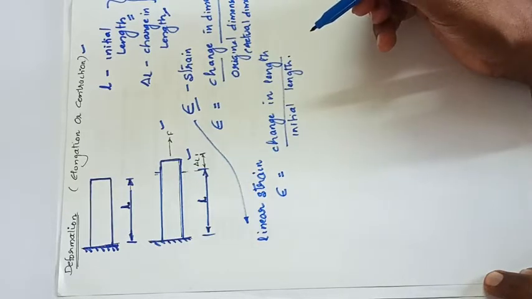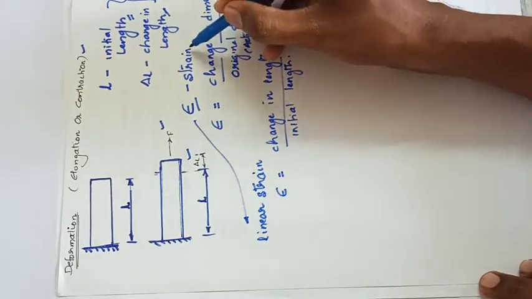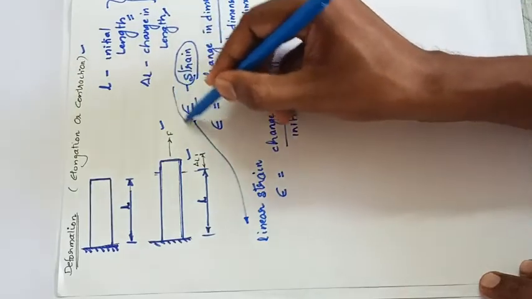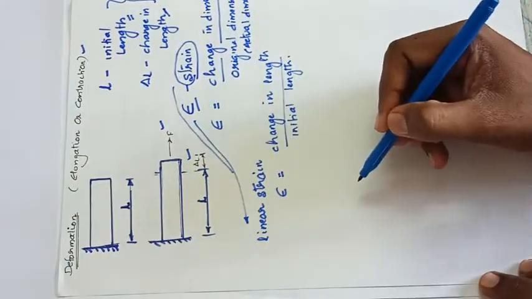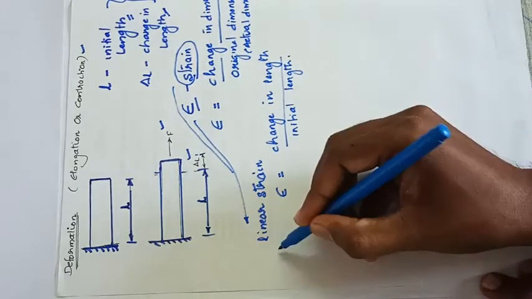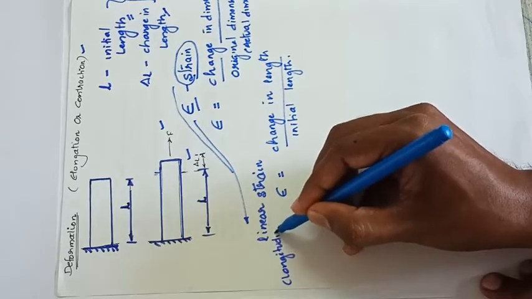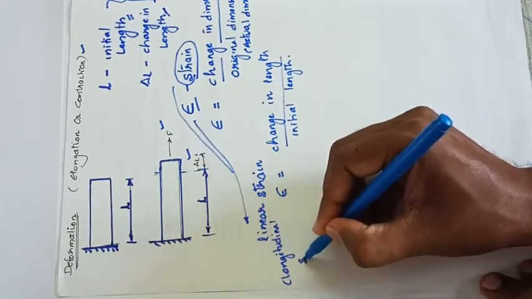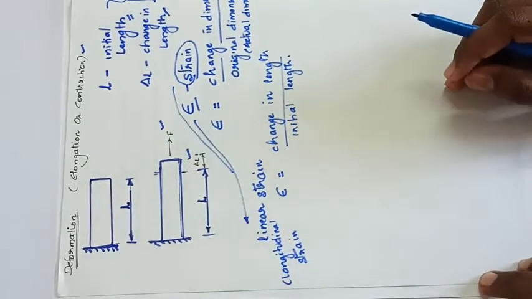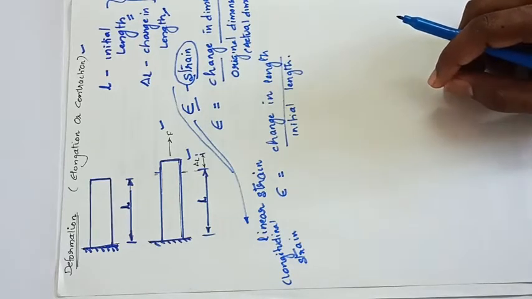So strain can be named the linear strain, or it can be named the longitudinal strain. Another name is longitudinal. This gives the description of the change that happens along the length of the bar.